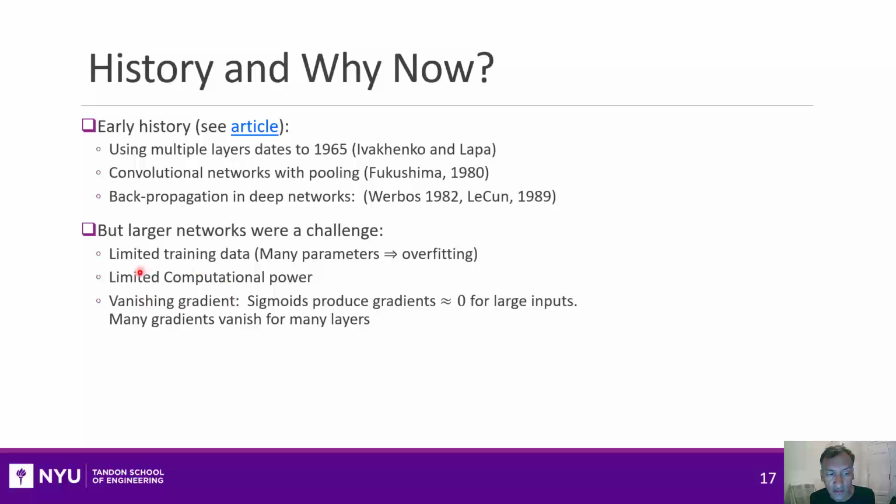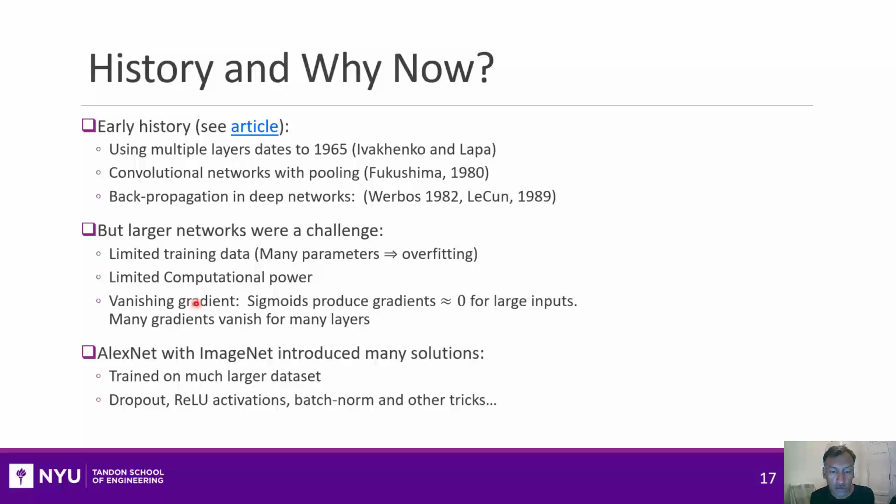The second was the limits of computational power. When you want to train a network with millions of parameters, you need very specialized hardware to do this, and we'll talk about some of those advances later on. And there were other more technical reasons. One of them is called, for example, the vanishing gradient problem that I'll also talk about as we go through this.